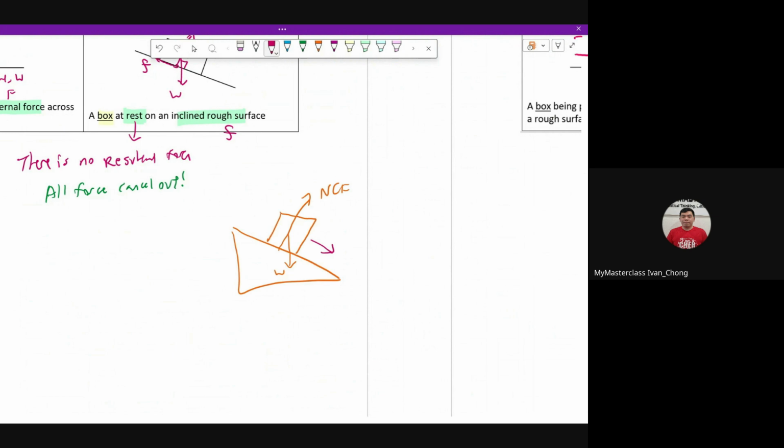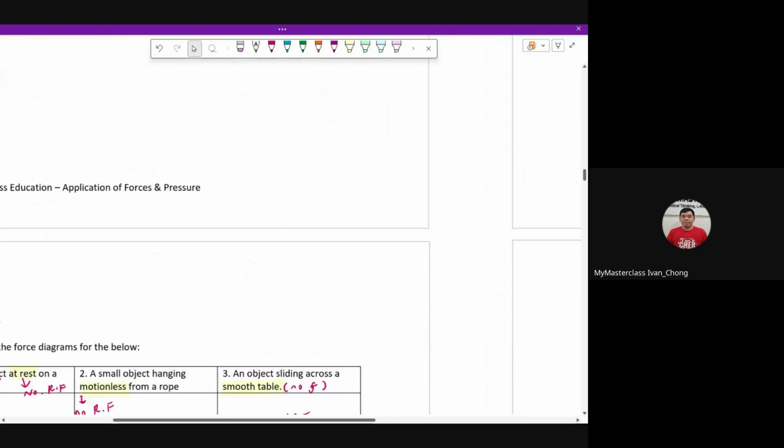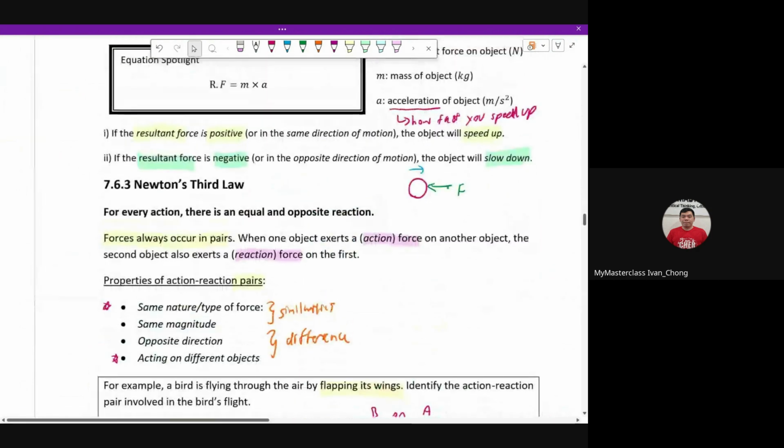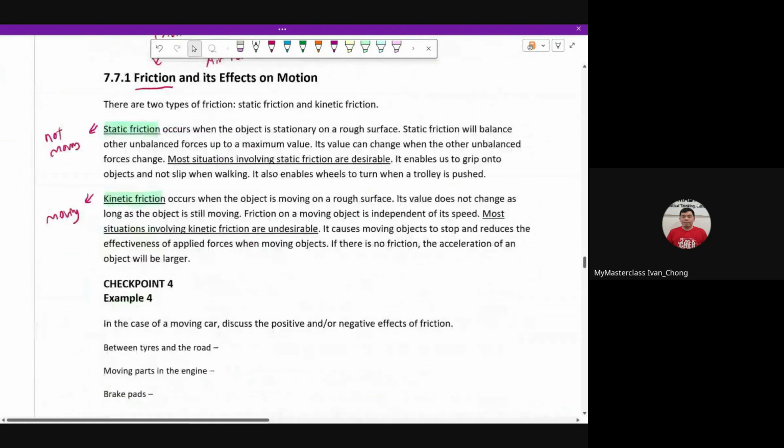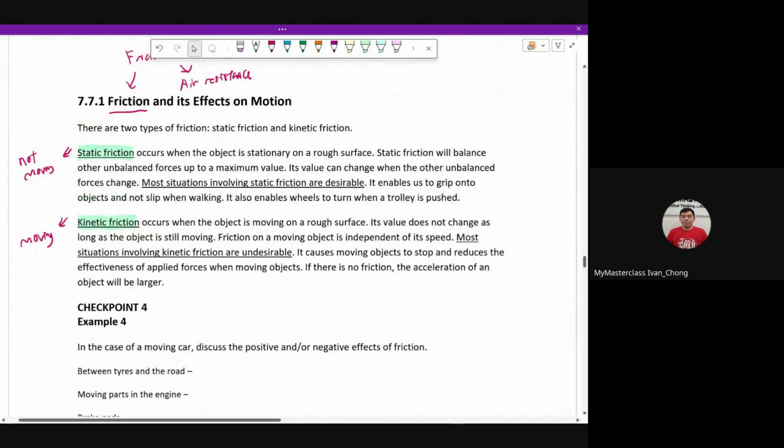So for this box to remain stationary or at rest, there must be what we call your static friction. As long as you want to have no resultant force, you need an extra upward static friction, so that it will not move. It is just to balance it up to zero.